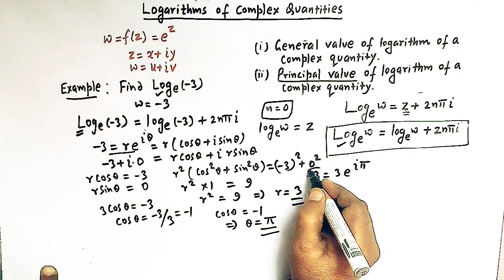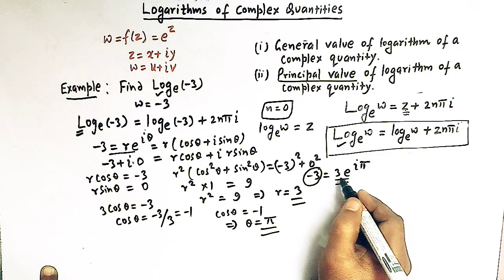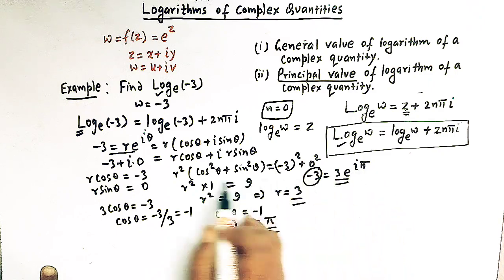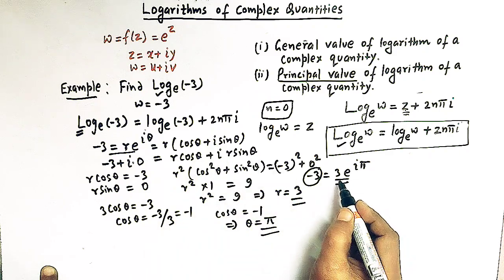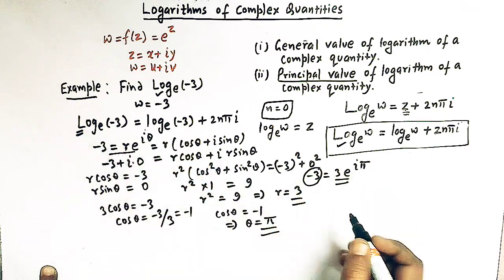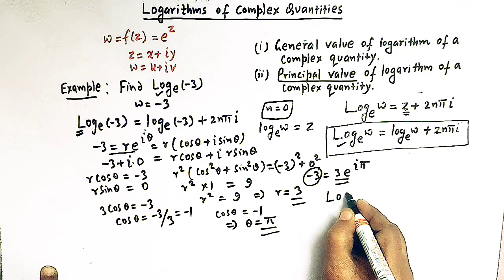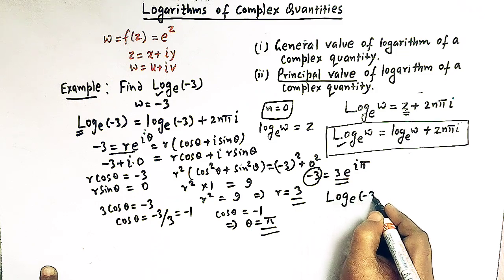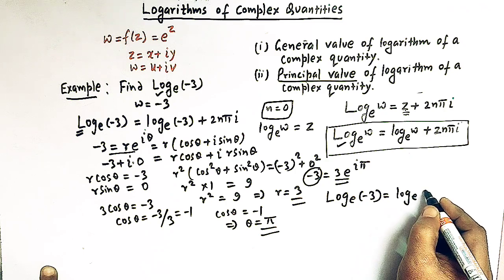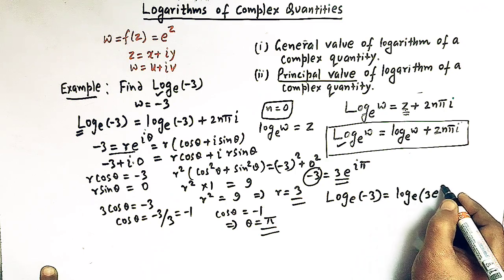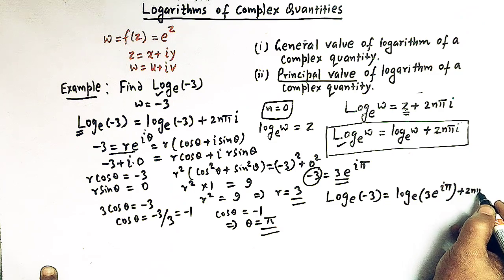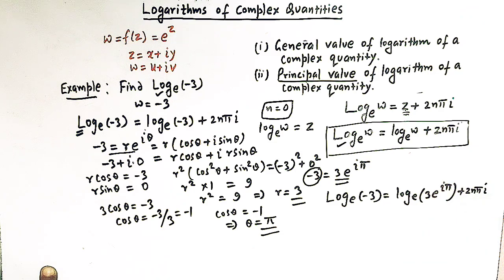So now minus 3 can be written like this: 3 times e raised to iota pi, and let us substitute minus 3 is equal to 3 times e raised to i pi. So now we have the logarithm of minus 3 is equal to capital L log, and here we have 3 times e raised to i pi, and then we have 2n pi iota, right?